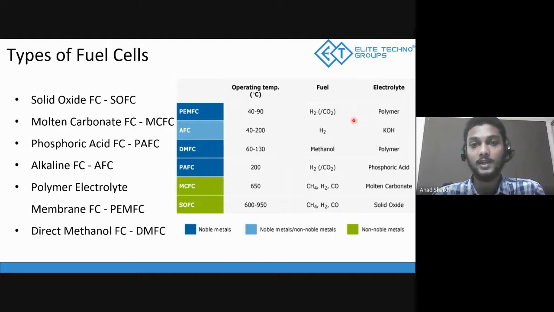You can take just one minute, and based on the data available here, comment on which chemistry of fuel cell would be the best choice for application in an electric vehicle. I encourage you to take part in this quick activity and let me know which among these fuel cells would be best suited for our electric vehicle related application.